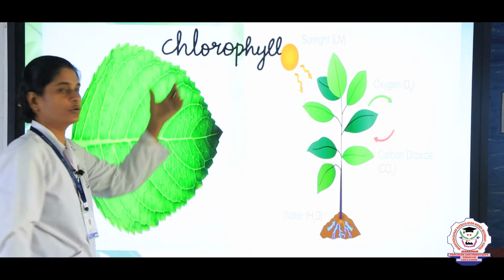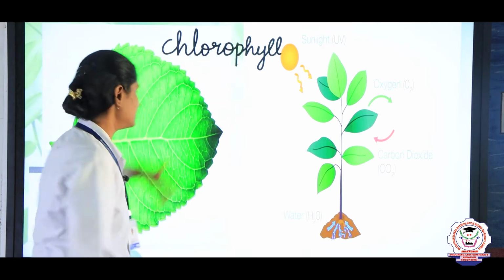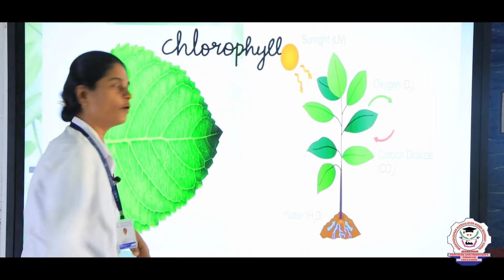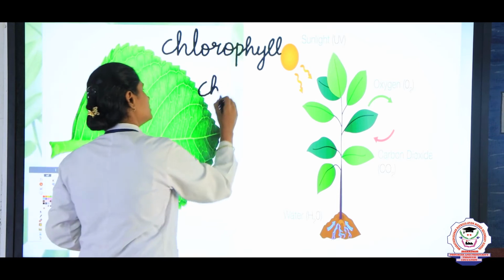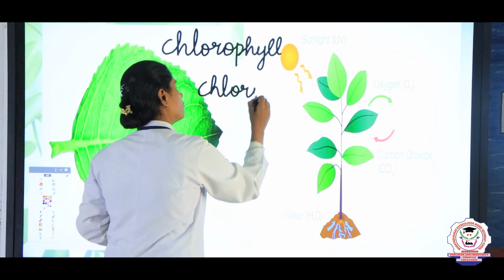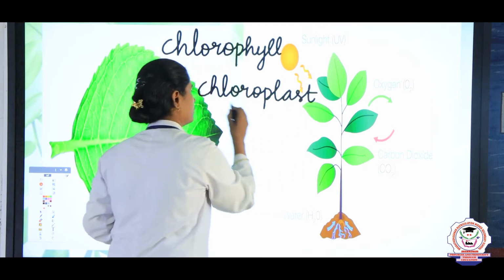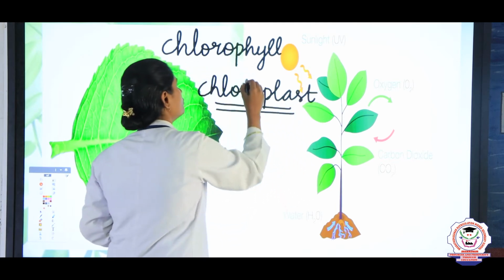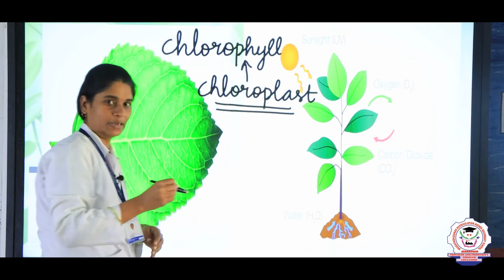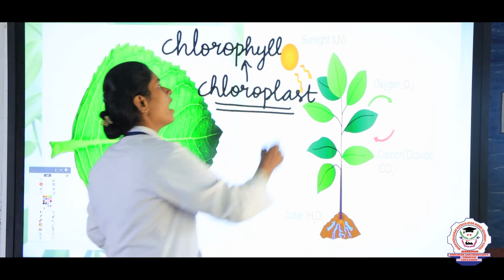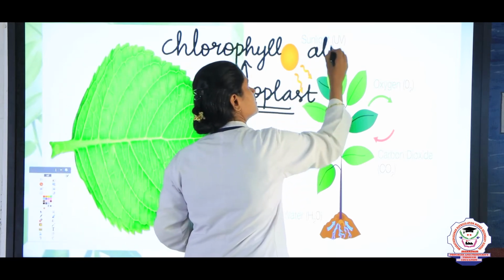So, now we saw that chlorophyll, CHLOROPHYLL. Chlorophyll is a green substance that is present in the chloroplast, CHLOROPLAST. So, inside the chloroplast you can see the chlorophyll pigment. The chlorophyll pigment absorbs the sunlight.